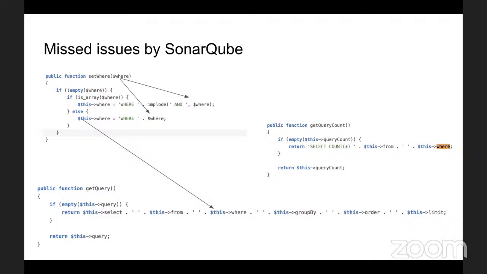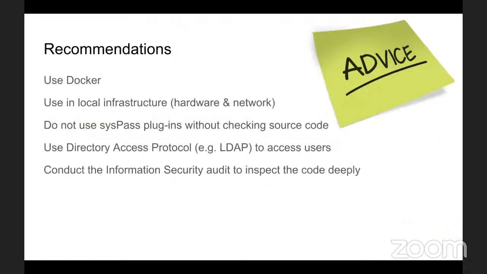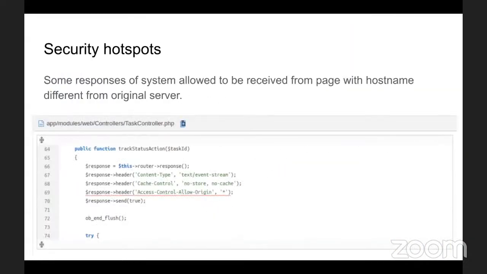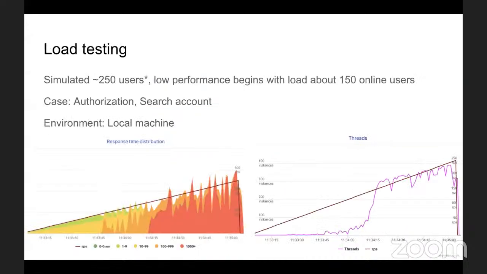My question would be about performance. Your finding is that starting from 150 users, it starts to deteriorate quite fast. At which level do you think it's still usable and the response time is still acceptable?